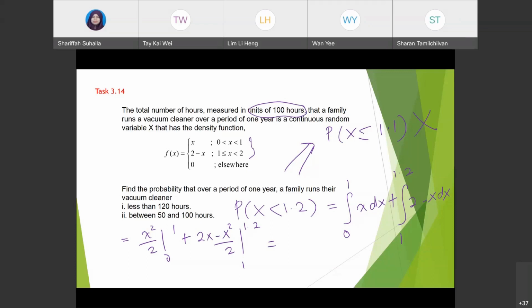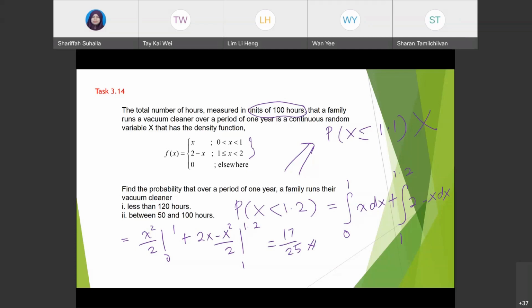Or you can also give it in terms of decimal points, that is also okay. So 17 out of 25. Okay, try the next one.